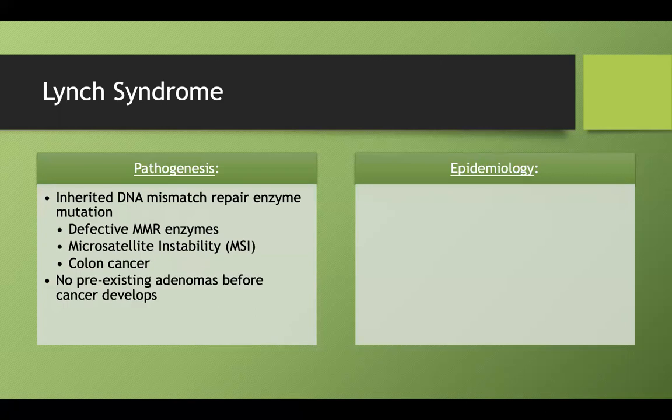And again, I just keep wanting to reiterate, you do not get that adenoma first. The colon cancer just pops up. Sometimes you'll hear this referred to as HNPCC, or hereditary non-polyposis colon cancer. Again, just emphasizing that there are no polyps in Lynch syndrome.